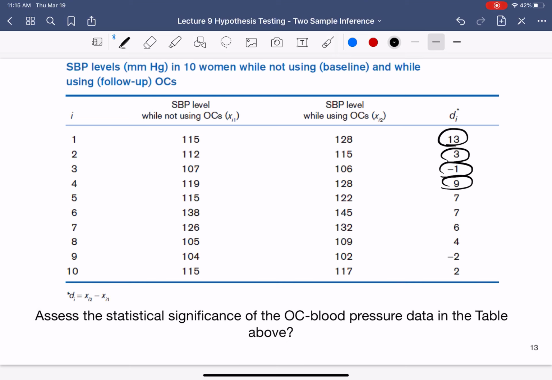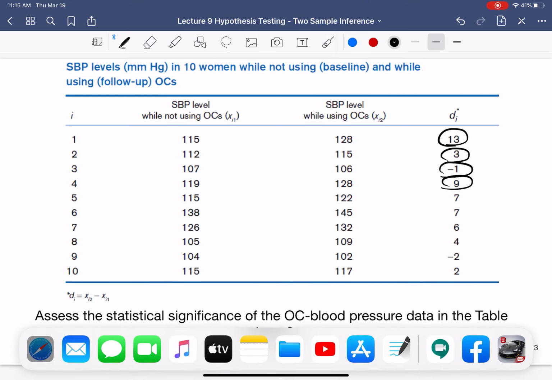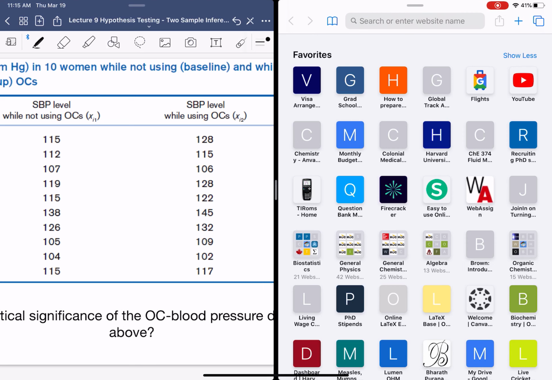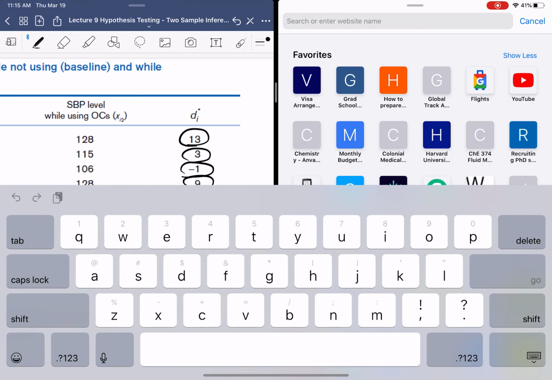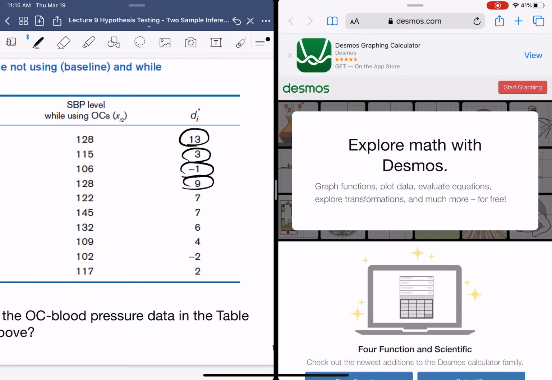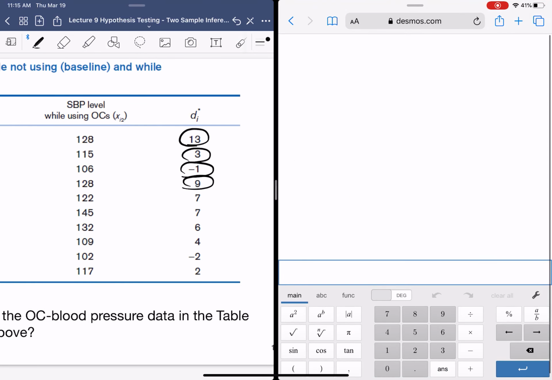Now let's use a calculator to calculate the mean of the difference. So we already told you that this is what you're going to calculate. We want to calculate d bar.